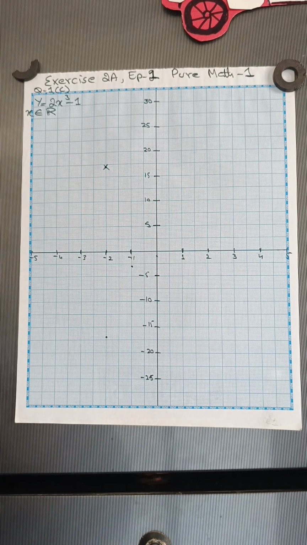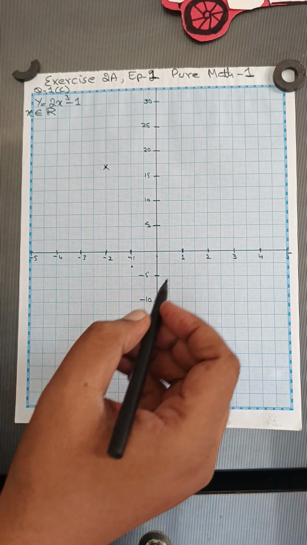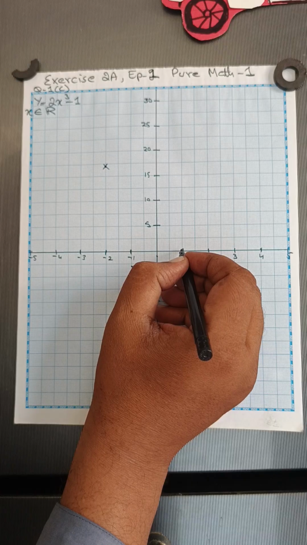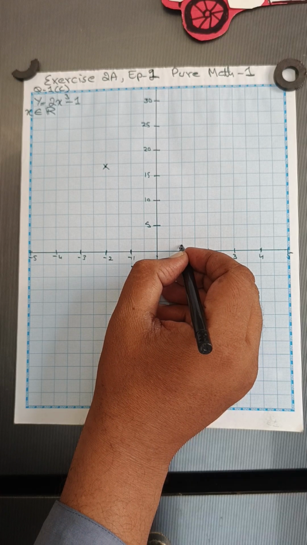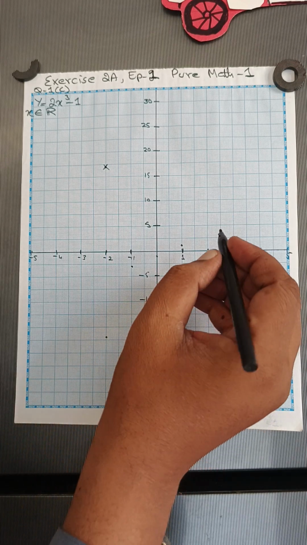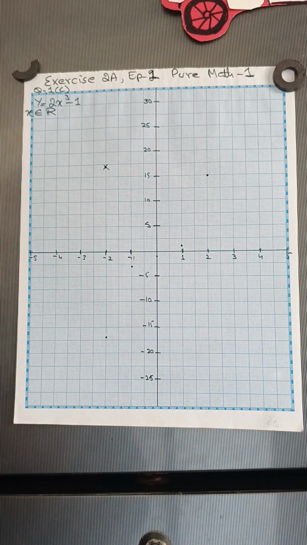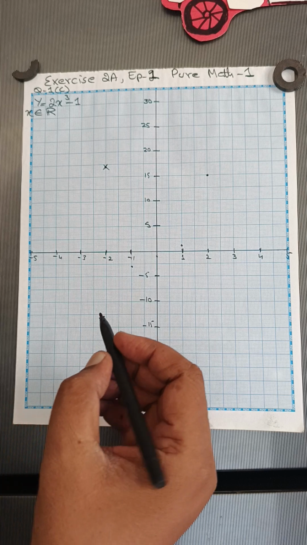And at 1 it is 1, 1, 2, 3 and 4. Okay, and at 2 it is 15. And at 3 it is 53, which goes out of this range.